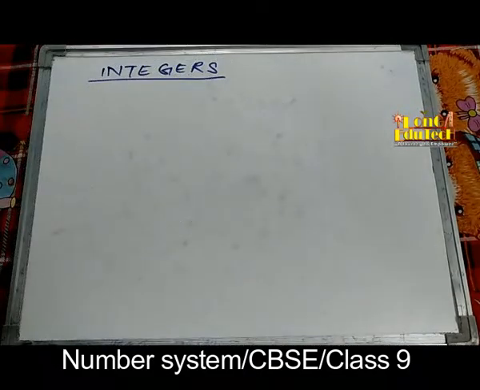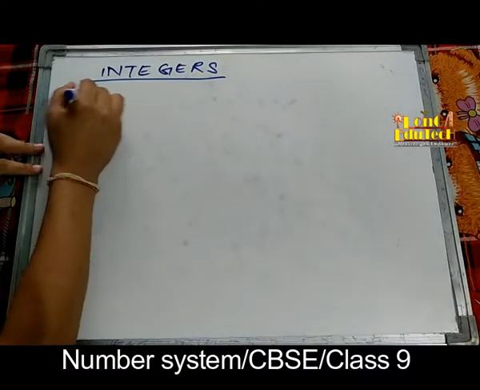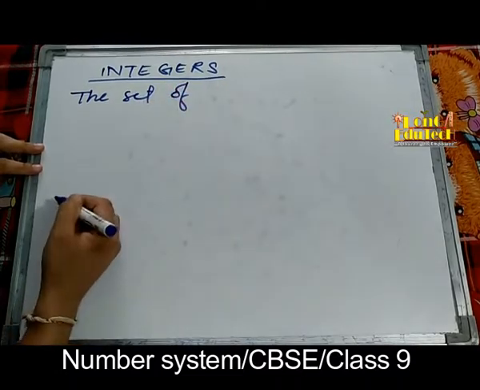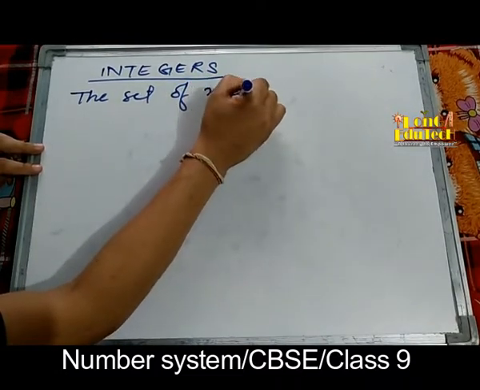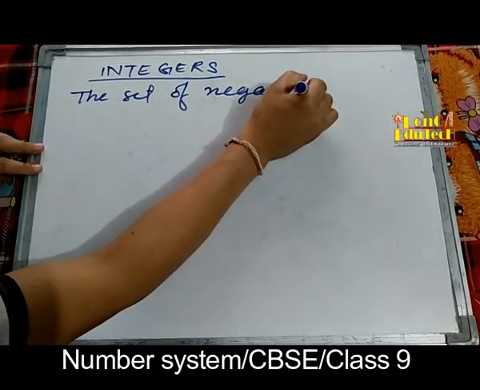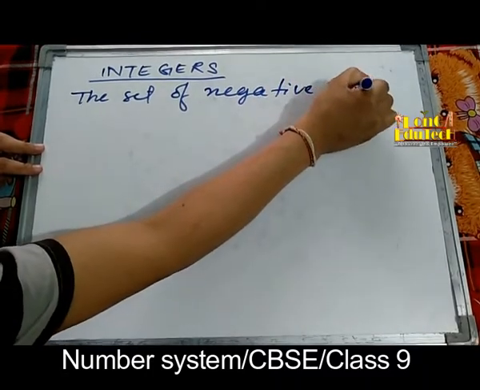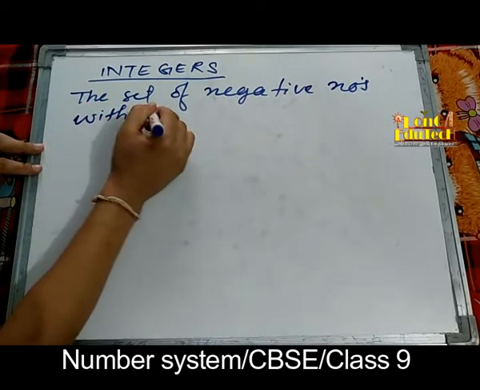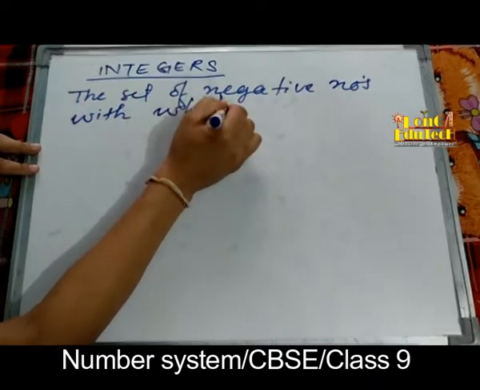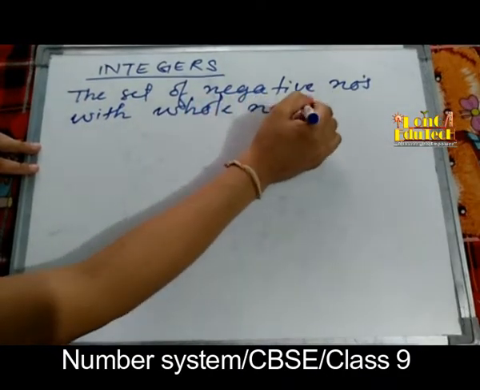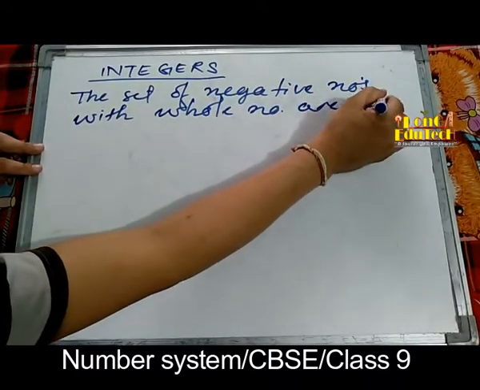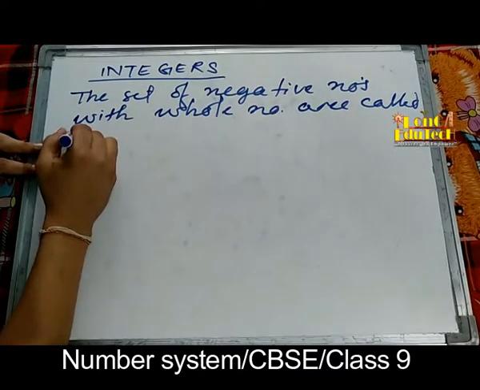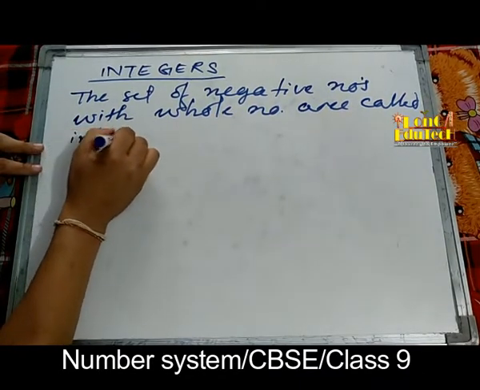Okay, now we will discuss integers. The set of negative numbers with whole numbers are called integers.